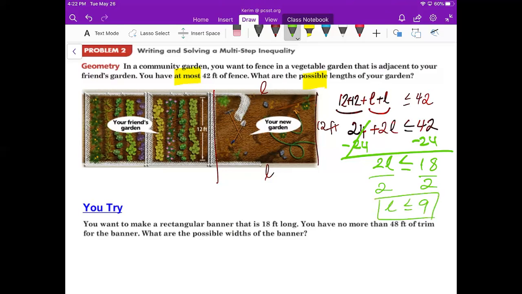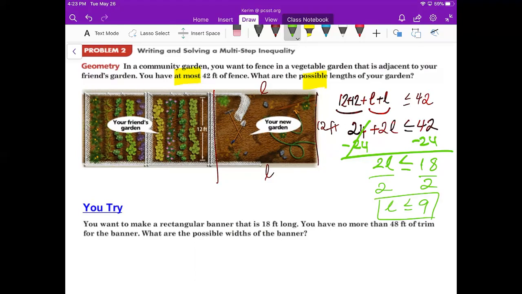So that means if my garden fence is exactly 42 feet, the distance around the garden, then I may use 9 feet on the other two sides, if I have 12 and 12.